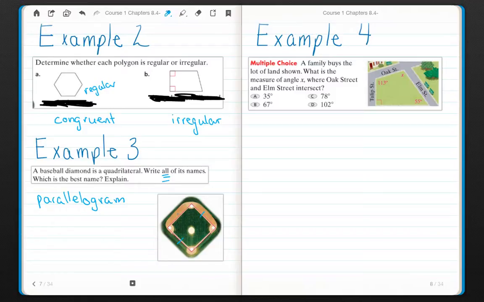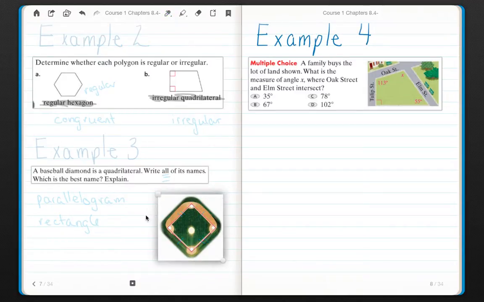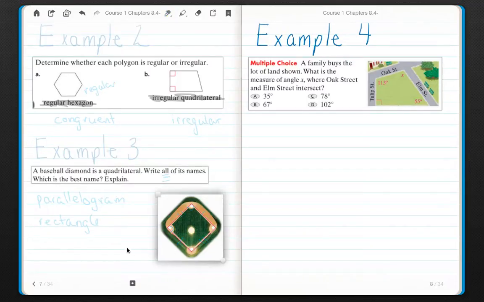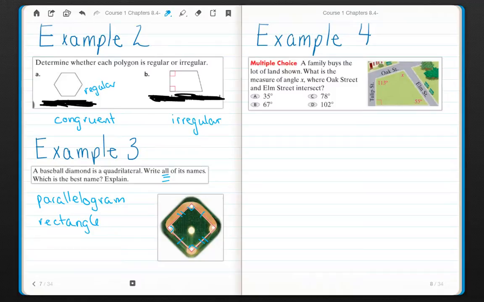These 2 sides are parallel, and so are those 2. It is a rectangle. And it is a rectangle because it also has 4 right angles. Each of these angles forms a right angle. Okay, so it is a rectangle.